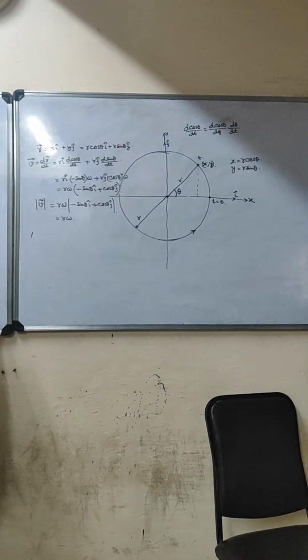Tan inverse of cos theta by minus sin theta, tan inverse minus cot theta. What does that mean?